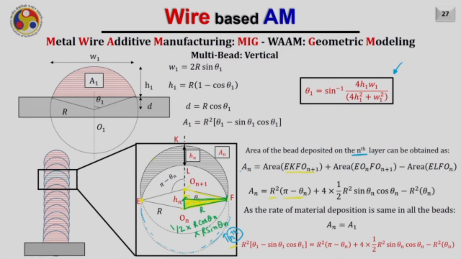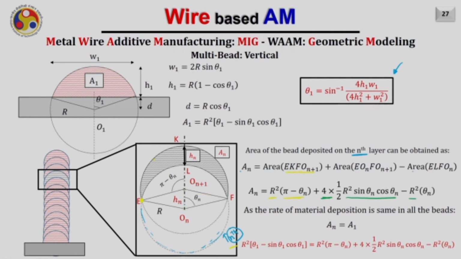As a result, this small area shown here in green color will be half of r square sin theta n cos theta n. Now, this entire area E O n F O n will be nothing but 4 times the same, correct. So, I am writing here 4 times the same thing.